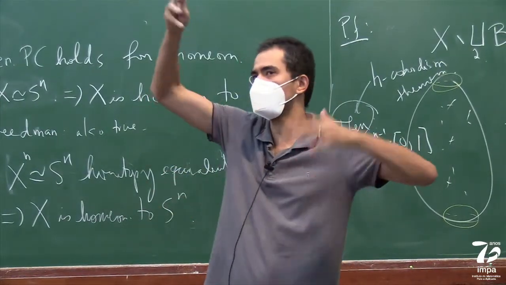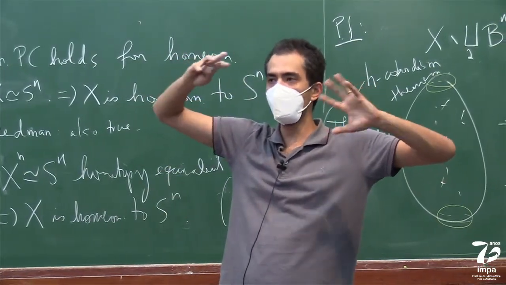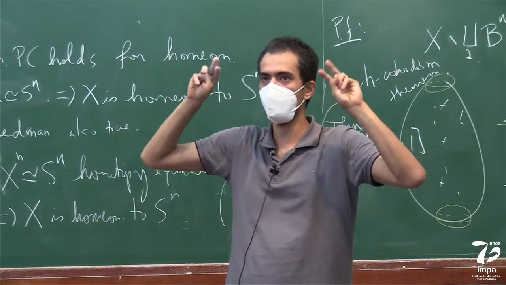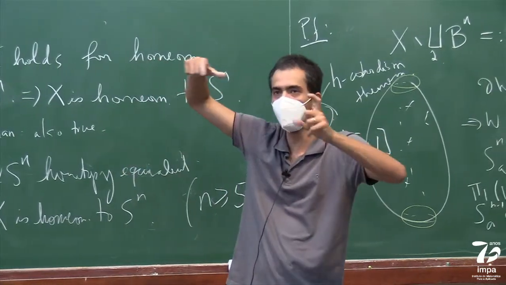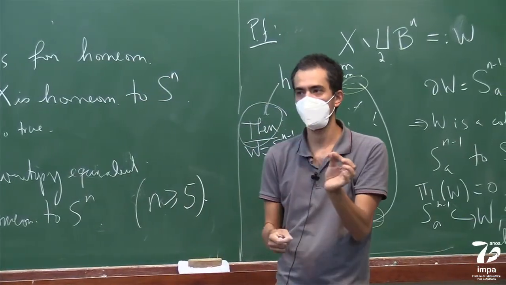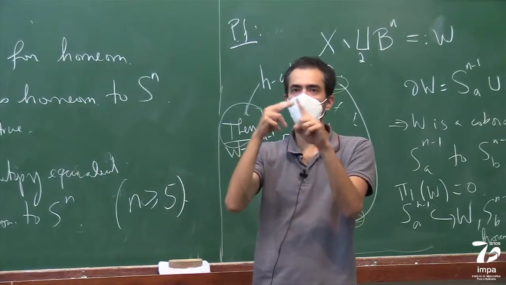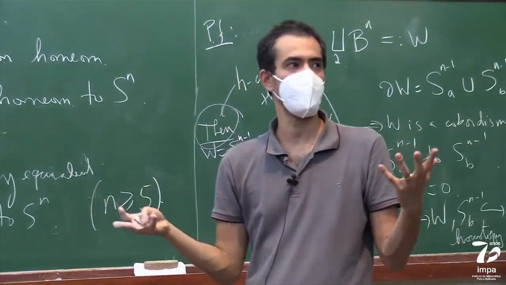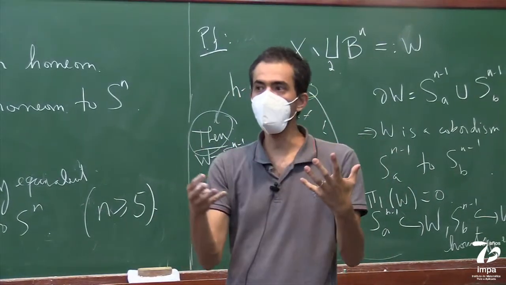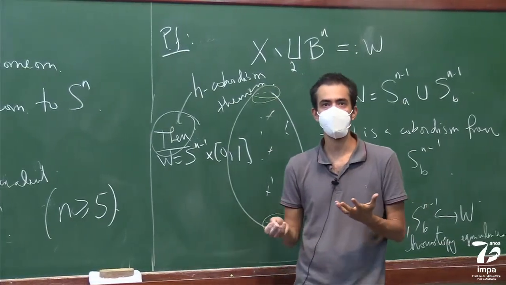So you might have several flow lines, but when you look in homology, in some algebraic way, most of them cancel out except for one. Using intersection theory in homology. So if you can do that, then you can still cancel.